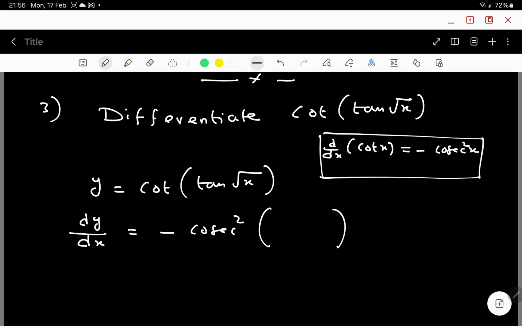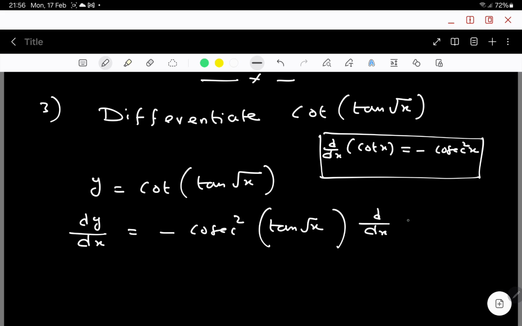Don't disturb tan root x inside the bracket. We differentiate tan root x separately, not in the bracket itself. Write tan root x in the bracket and then differentiate tan root x. That is very important step.